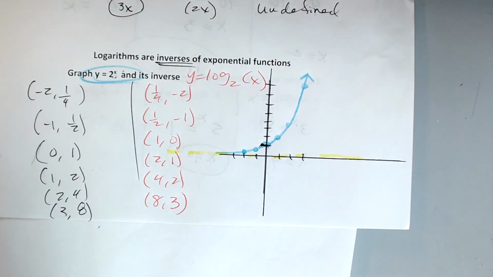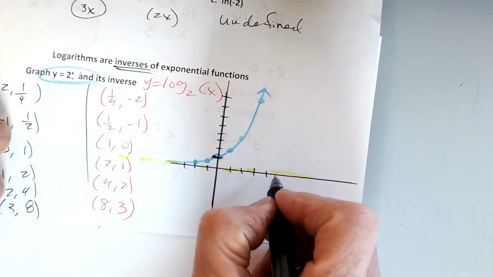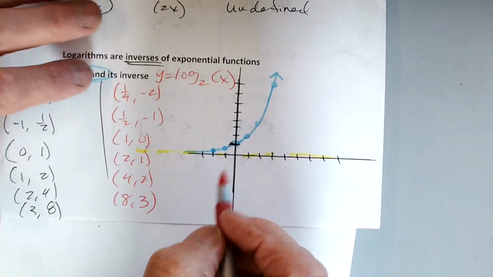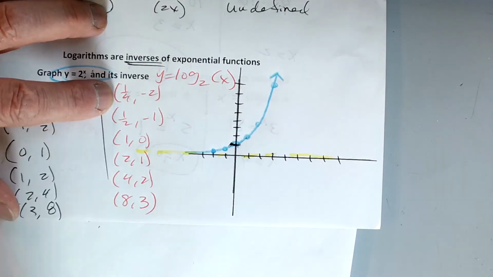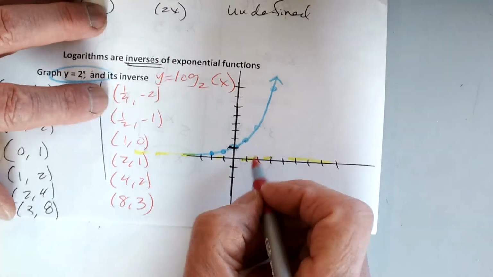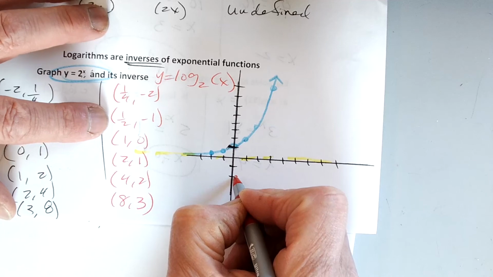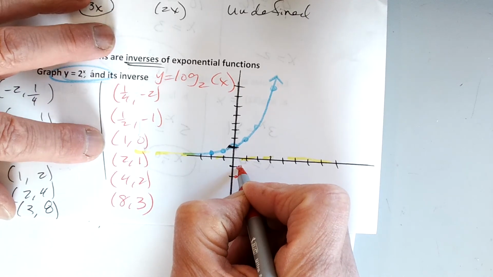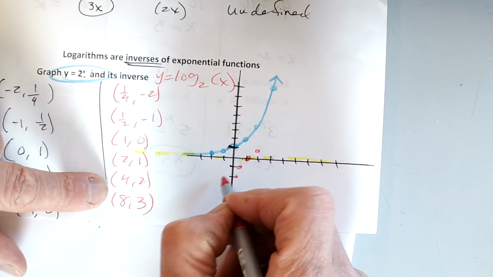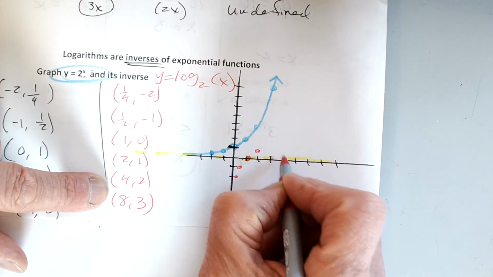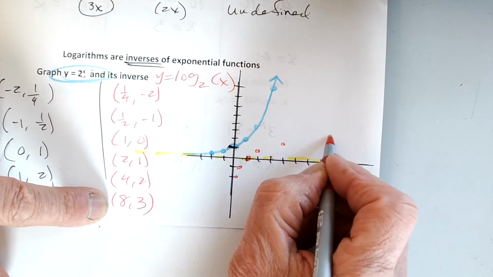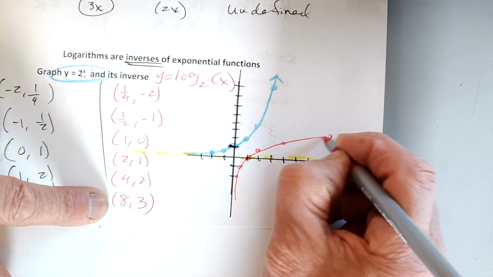All right, I'm going to have to add to my graph here. 1, 2, 3, 4, 5, 6, 7, 8. I'm going to graph 1/4, -2; 1/2, -1; 1, 0; 2, 1; 4, 2; 8, 3, and it looks like this.